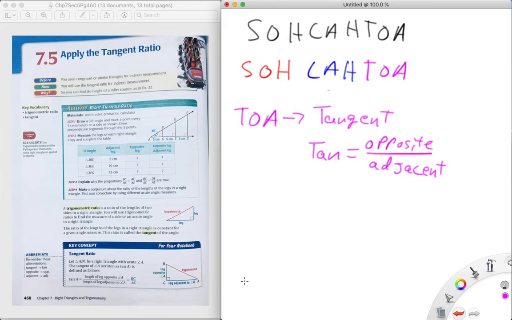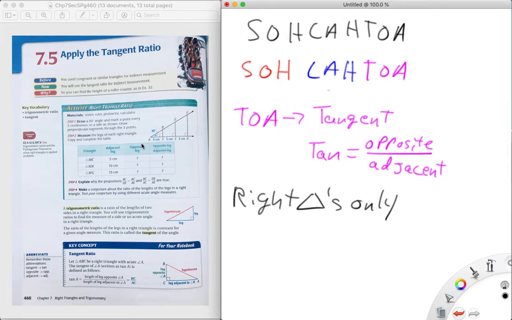And when we talk about opposite over adjacent, we're talking about opposite of a particular angle. These all apply to right triangles only. Right triangles only. We'll talk about the So and the Ka in the next section.